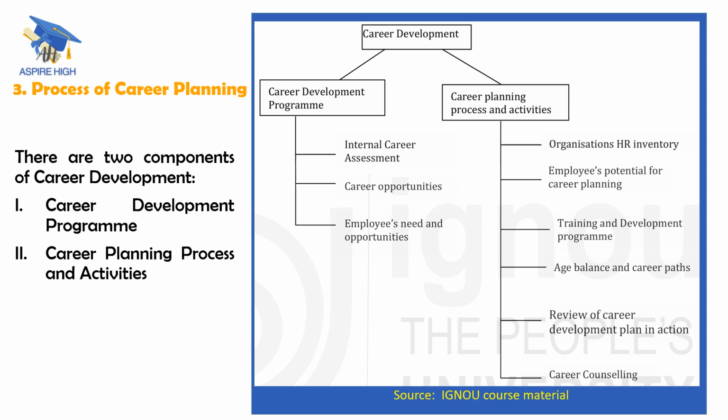There are three major components of the career development program. The first one is internal career assessment. Second is career opportunities. Third is employees' needs and opportunities, that is, match. I will tell one by one. Actually, first we can say career opportunities. That is, the career path should be made available in clear terms to all the employees in the organization.